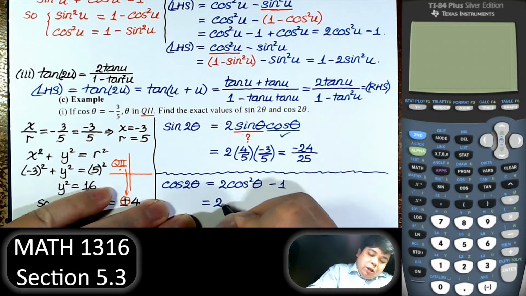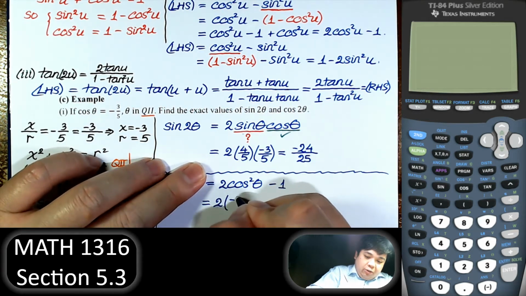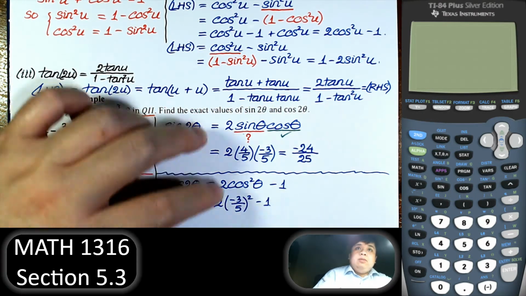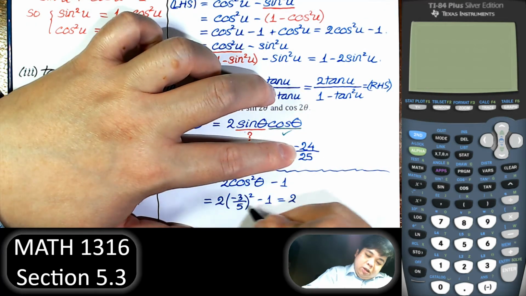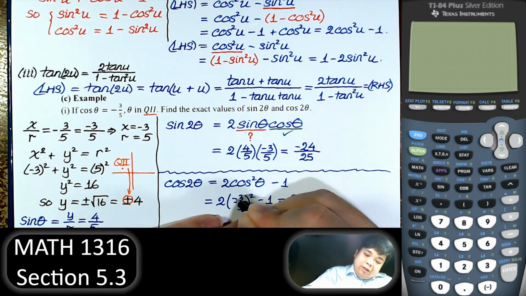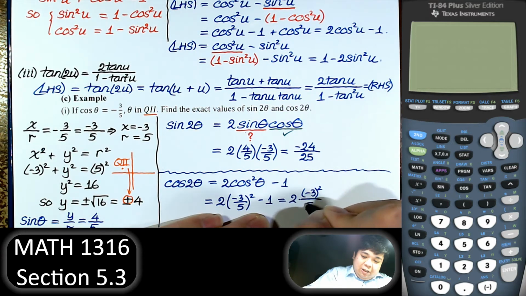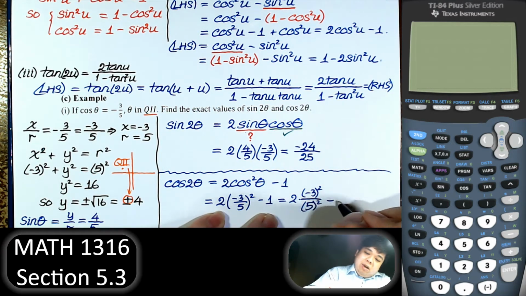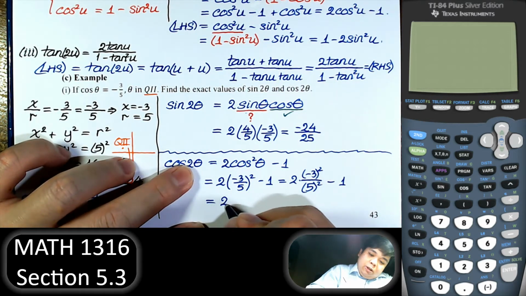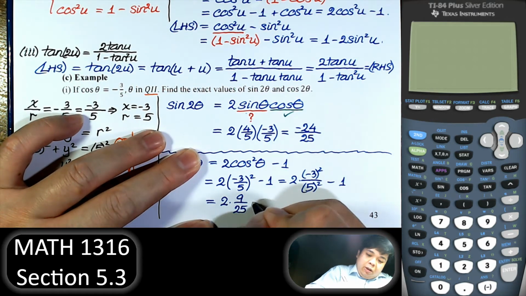So 2 cosine squared theta, where cosine is negative 3/5, so we have 2 times negative 3/5 squared minus 1. Negative 3 squared gives us 9 on top, and let's just write like this: 2 times 9/25 minus 1.